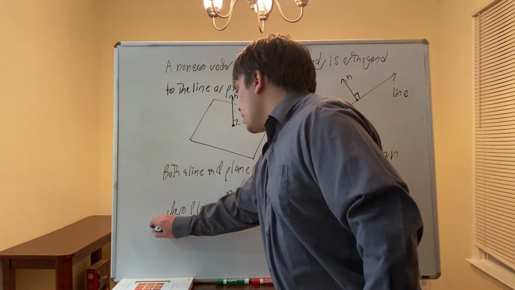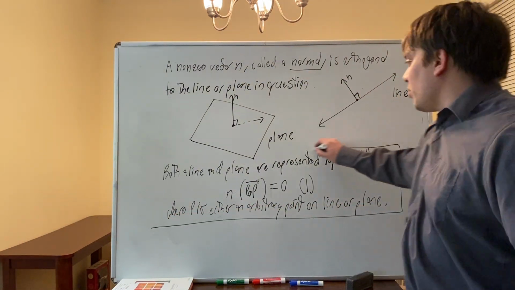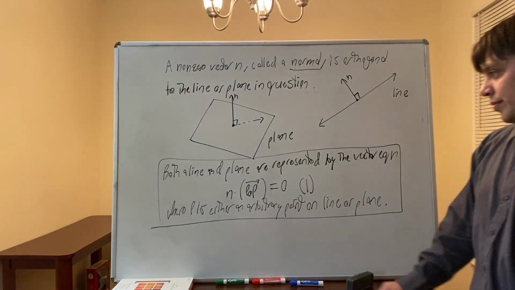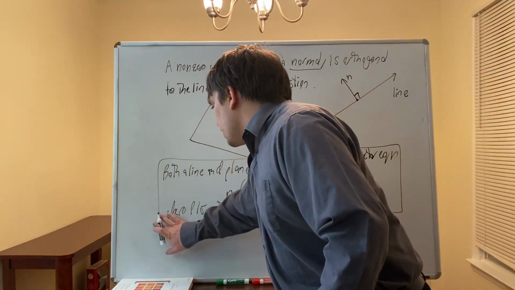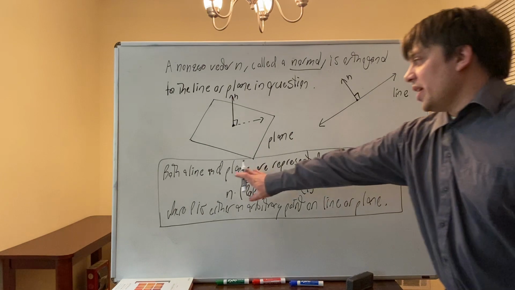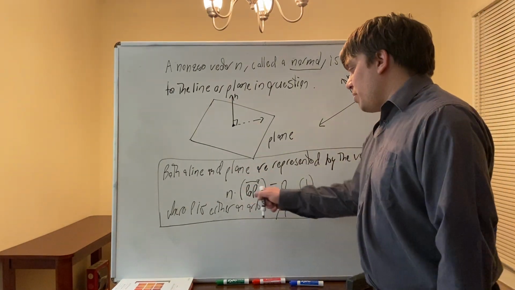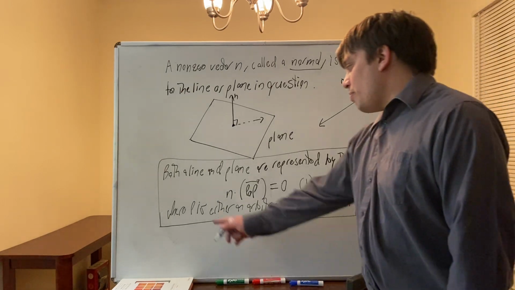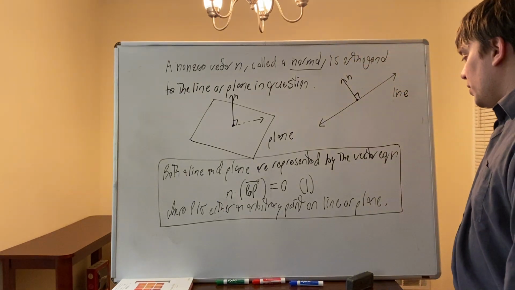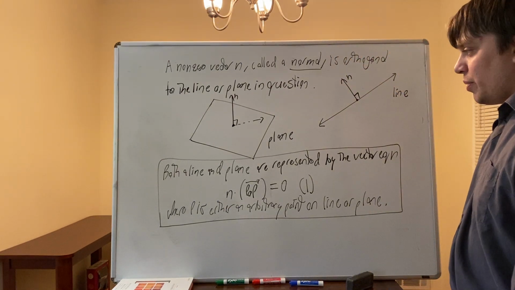Okay, so I'm going to box this section of it just so that it's separate from the pictures I was drawing up here. Okay, so look inside that box. So both a line and plane are represented by the vector equation n dotted with P naught P equals 0, where P is either an arbitrary point on the line or on the plane, depending on what you're talking about.